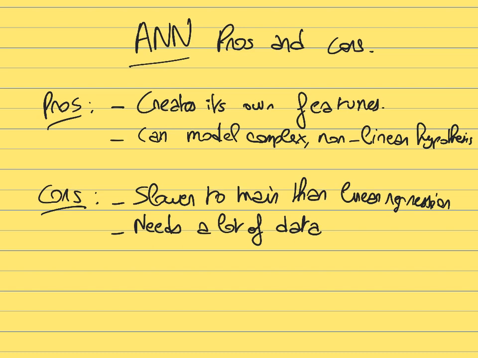So if you have a given number n of features, then you need at least, let's say, 5 or 6 times the number of features as a number of training data.